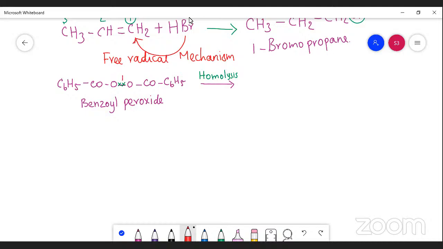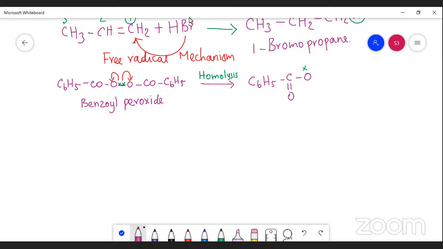So this bond is going here and this bond is going here, and peroxide cleavage will occur. So we are getting C6H5, a C double bond O, and an O with 1 electron, in 2 molecules.